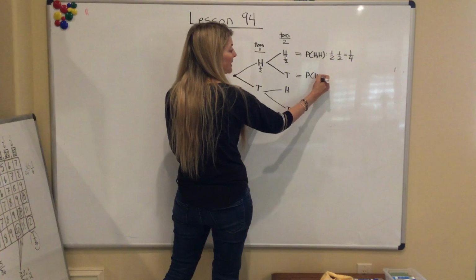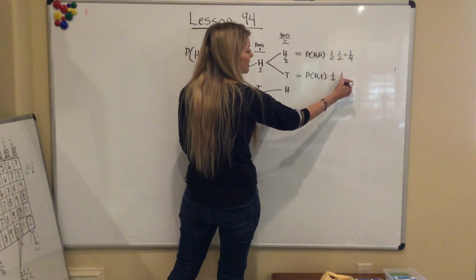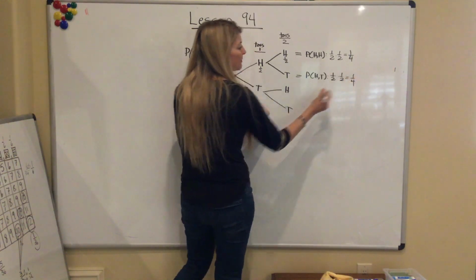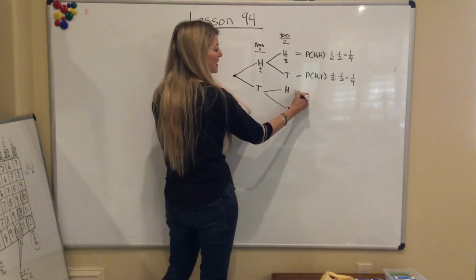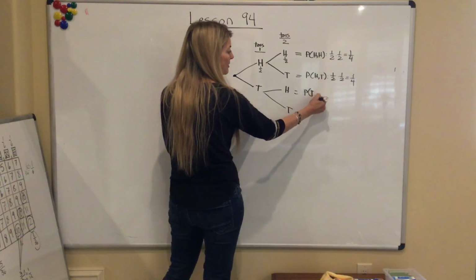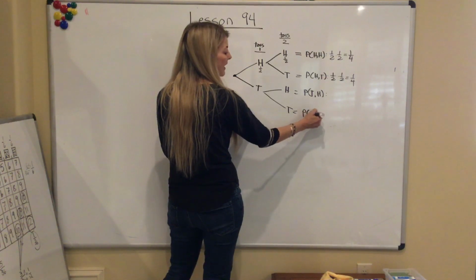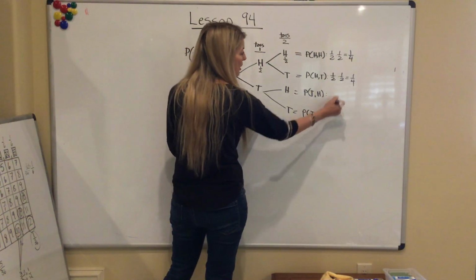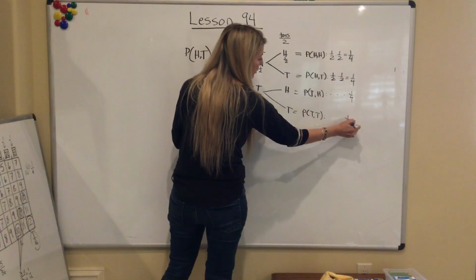That would also be 1/2 times 1/2, which gives me 1/4. And I think you can see the probability that I would get tails followed by heads, and tails followed by another tails, would also equal 1/4.